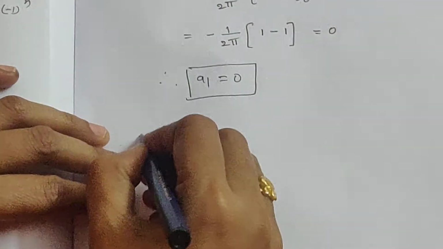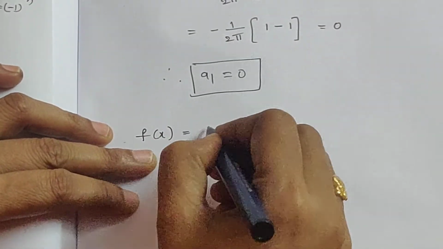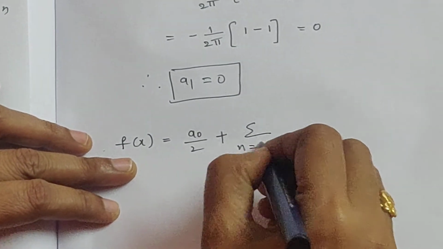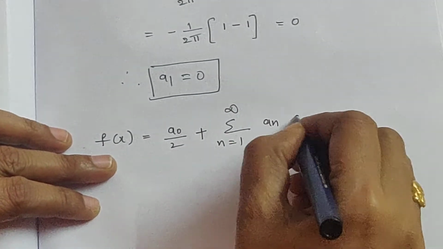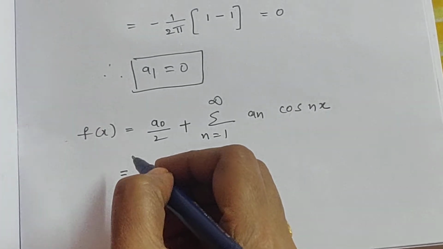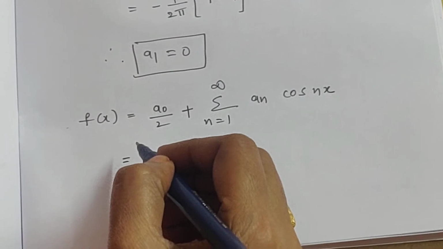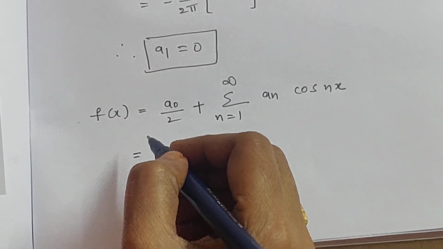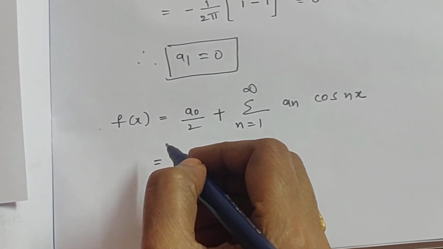Therefore the Fourier series expansion equal to a0 by 2 plus sigma n equal to 1 to infinity an cos nx, because in the given problem, the Fourier series of f of x equal to mod sin x in the interval minus pi to pi, the function is even.